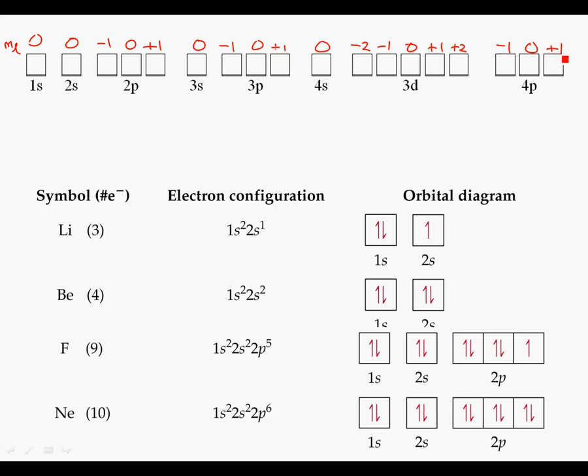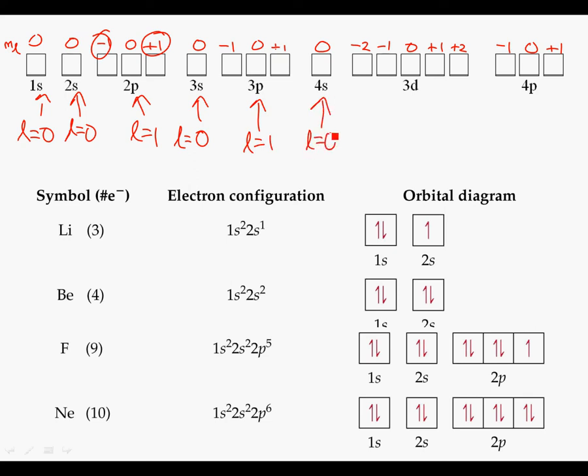If you'll notice, an s has an L equal to 0. A p has an L equal to 1. That's why it goes between negative L and positive L, so negative 1 and positive 1. A d has L equal to 2. Again, notice it goes from negative 2 to positive 2.